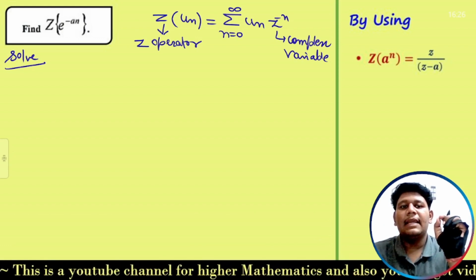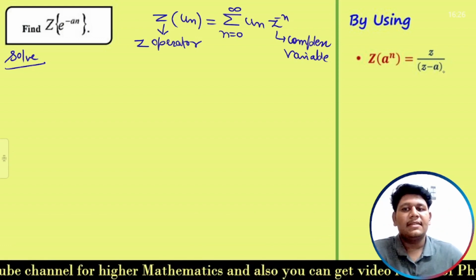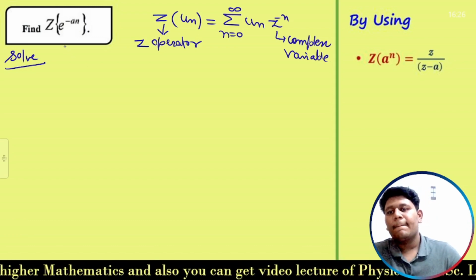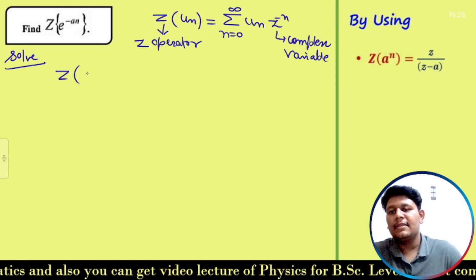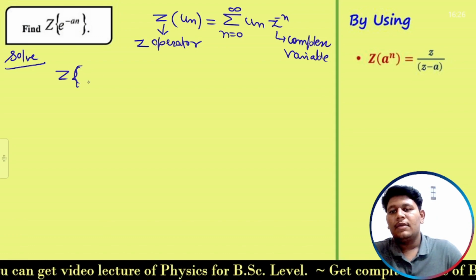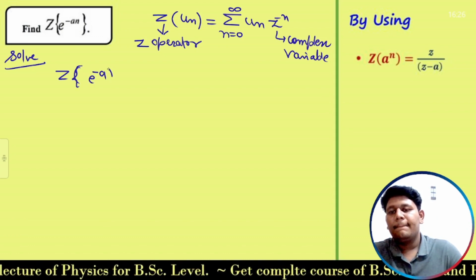The Z transform of a power n is z upon z minus a. It means I can write this thing like this: e power minus a, all to the power n.